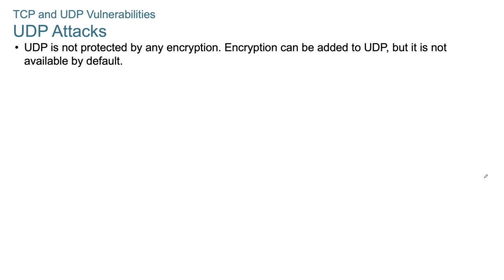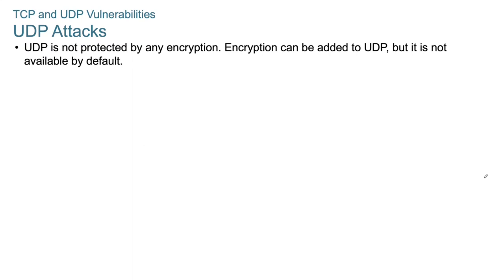You can add encryption to UDP, but it is not available by default. The lack of encryption means that anyone can see the traffic, change it, and send it on to its destination. Changing the data in the traffic will alter the 16-bit checksum, but the checksum is optional and is not always used in UDP.